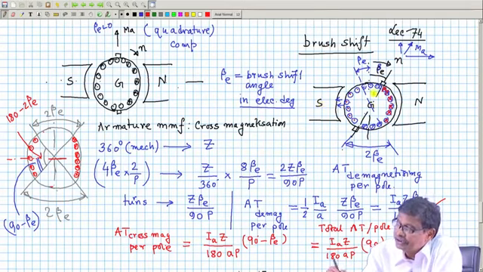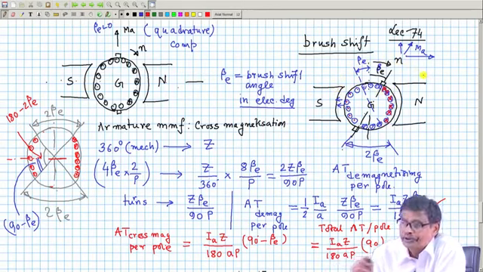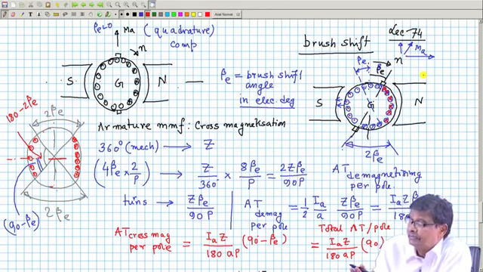What if somebody, in generator mode, gives the brushes here, puts it here, what is going to happen? The opposite thing is going to happen. That is, this conductor which is undergoing commutation will still be under the south pole, you know, the direction of rotation is the same. So, one should be very careful while giving a brush shift.